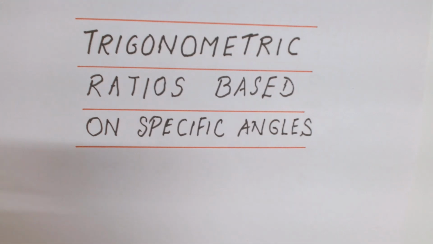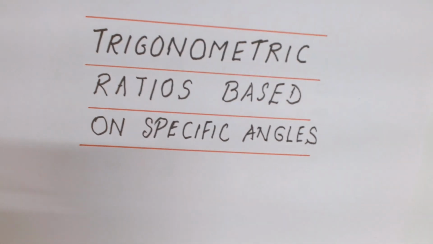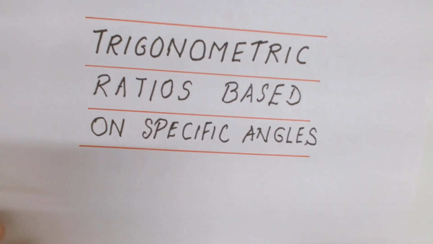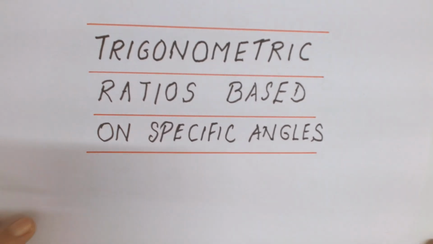In the previous session we discussed that there are 6 trigonometric ratios: sine, cos, tan, and their inverses, which are cosec, sec, and cot. So these are the 6 trigonometric ratios that we learned.